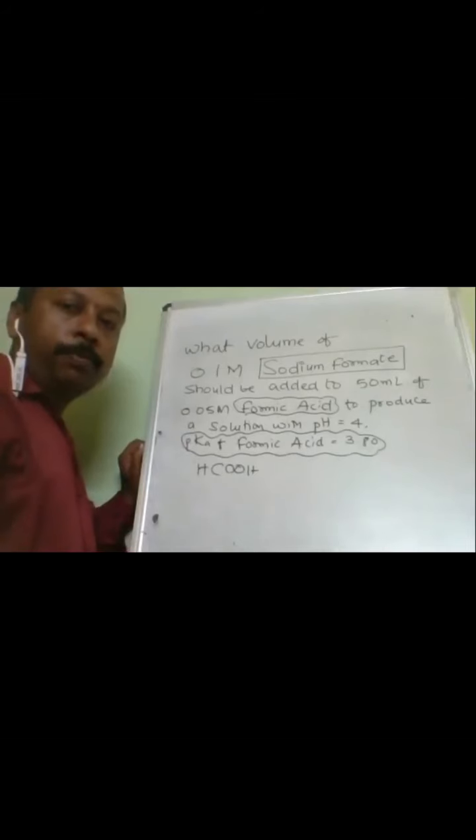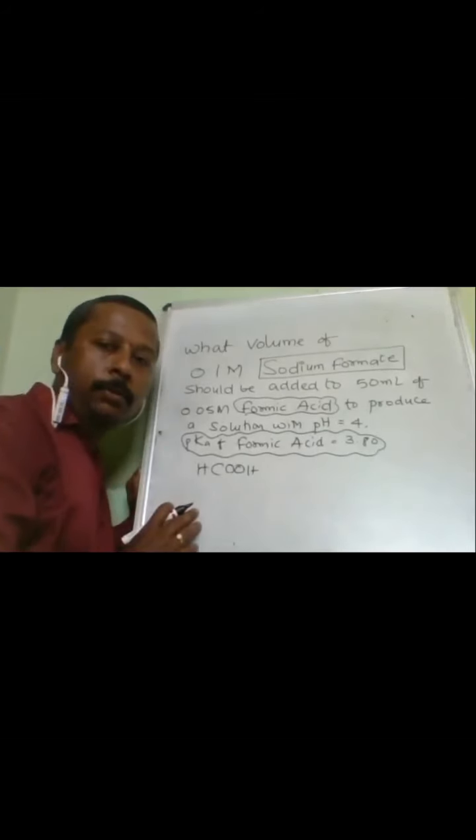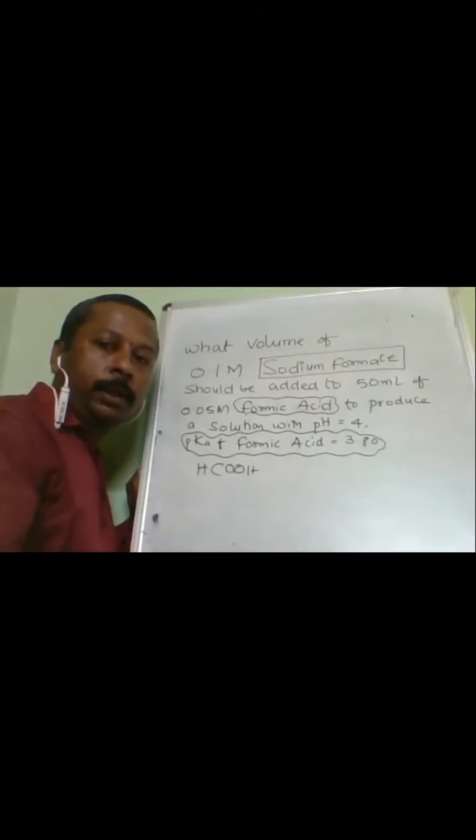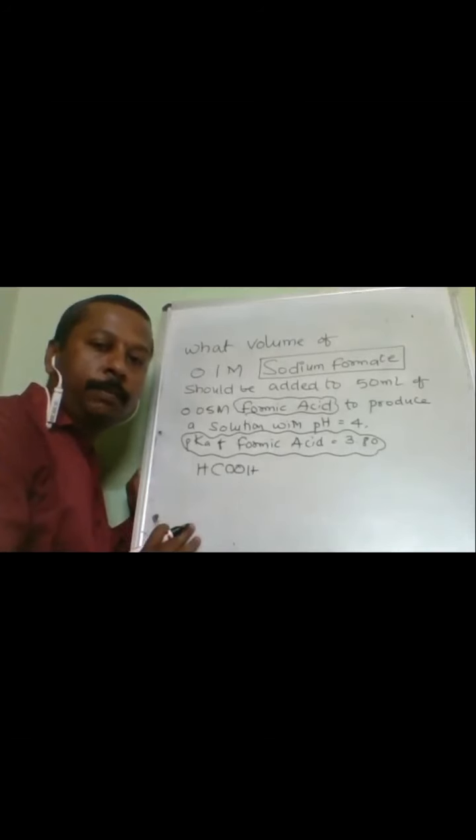Propane and butane words are normally used in IUPAC also, but the forma word is not used in IUPAC. So formic acid means a carboxylic acid which contains one carbon atom. Formaldehyde is an aldehyde with one carbon atom. Likewise, if you know the meaning of the forma word, then you need not mug up many things.